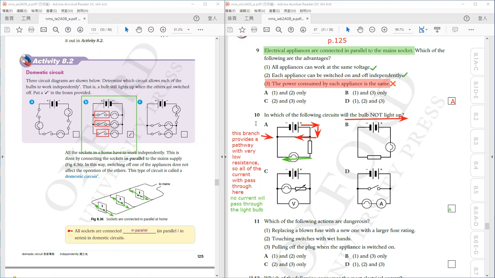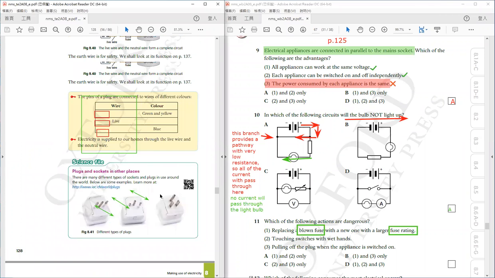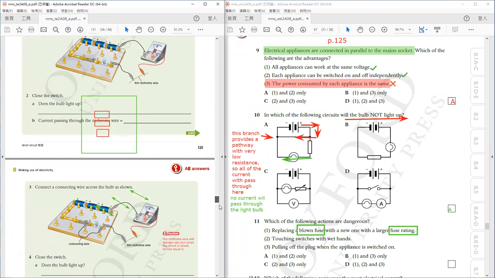Next part, question 11, which of the following is dangerous? How to judge if it's dangerous? When we have a blown fuse, you have to choose a fuse rating like the original fuse rating. How to choose a fuse?